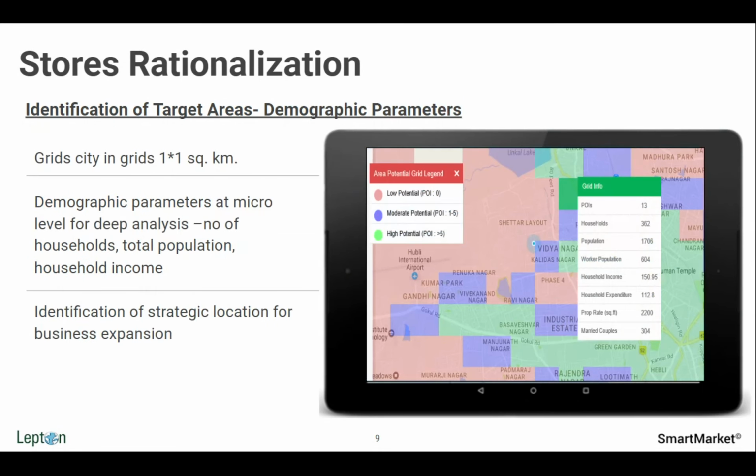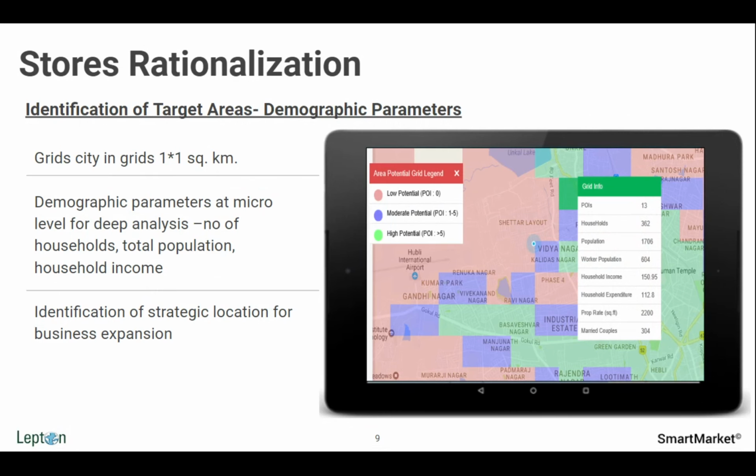Next, when I have zeroed in on the first city I should be targeting on the basis of business potentiality, and the second city, I would want to understand which areas within that city I should be targeting.